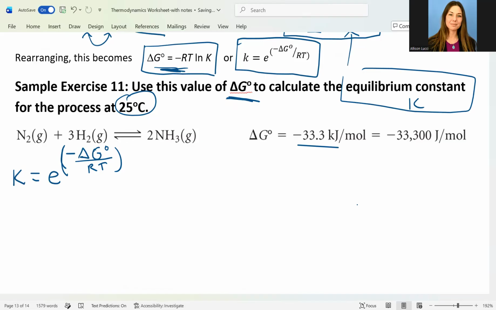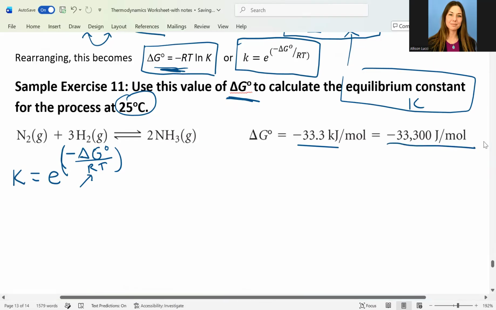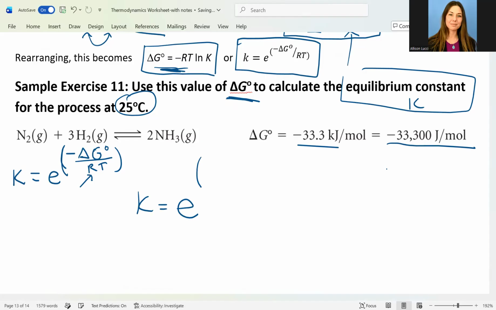And also, since our R value is in joules per mole Kelvin, we can either change that by dividing it by 1,000, or we can multiply our delta G by 1,000 to convert that to joules. So let's multiply by 1,000 and plug in those values and solve for K. So I'm going to put e raised to, I'm going to write it nice and big, negative 33,300 joules per mole.